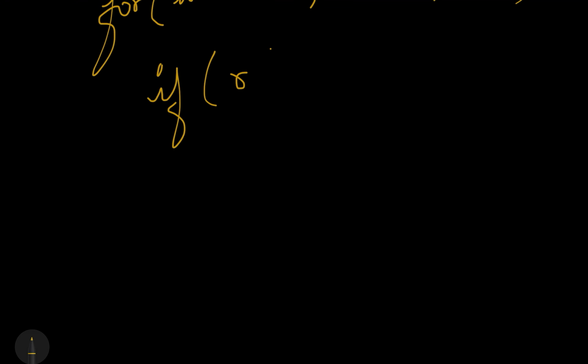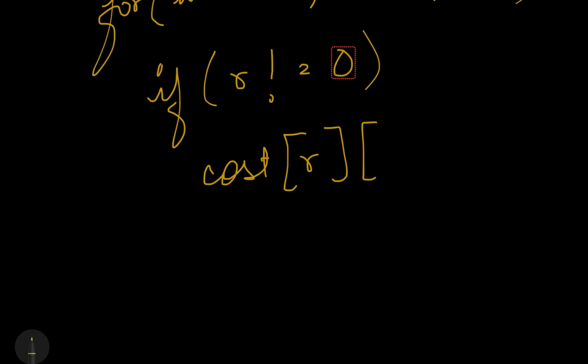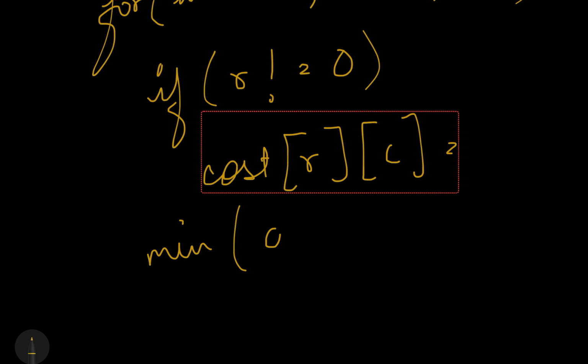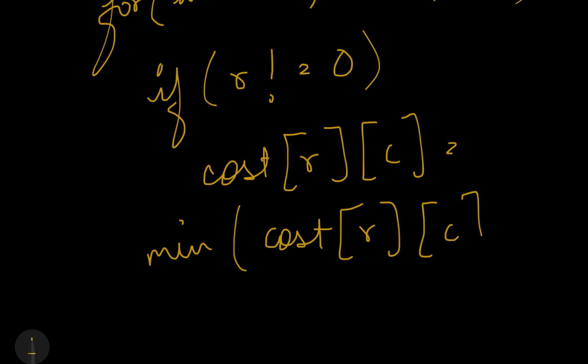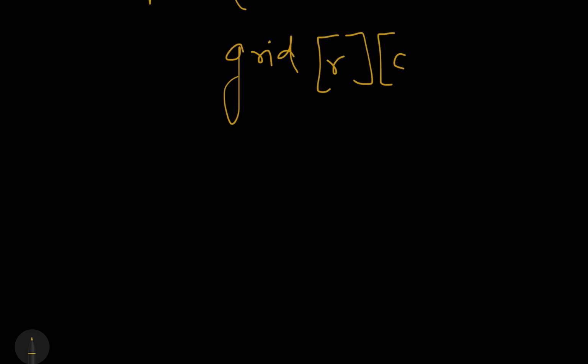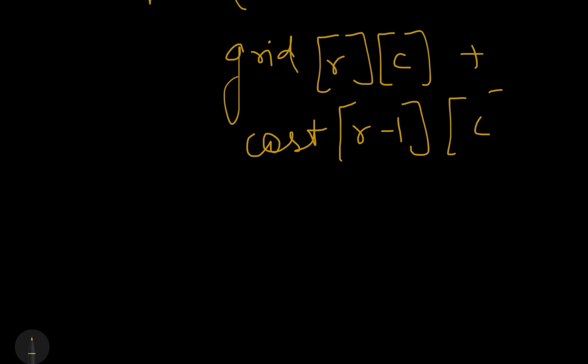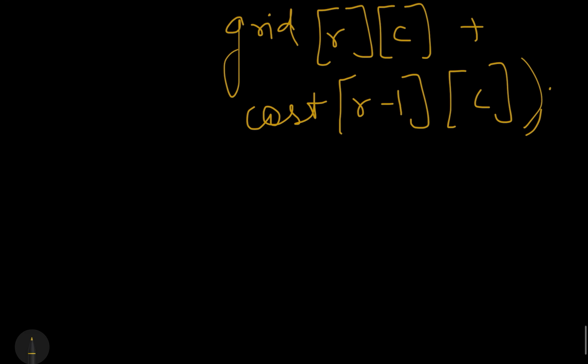Now we move from top. If r is not equal to 0, then cost of r and c is equal to minimum of cost of r comma c, comma, grid of r of c plus cost of r minus 1 and c.